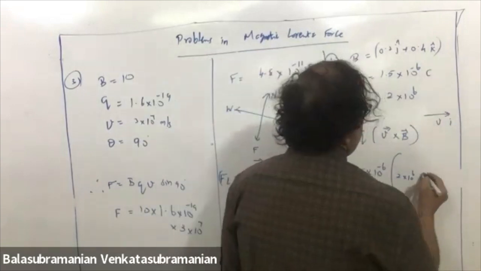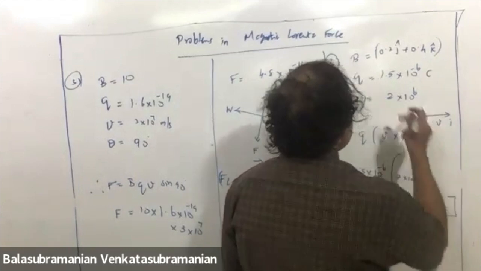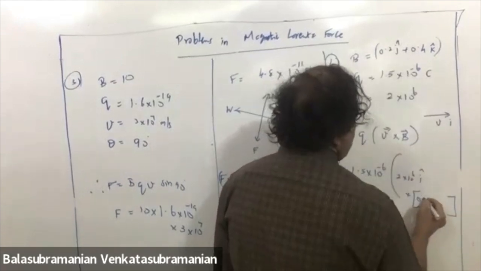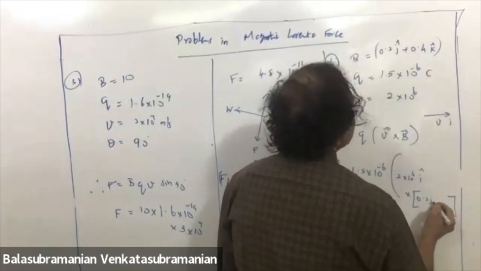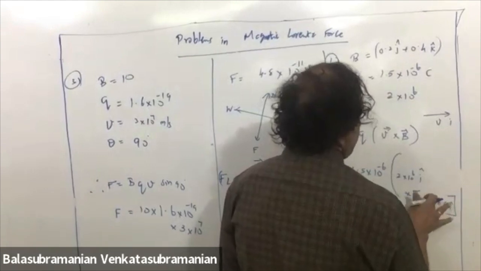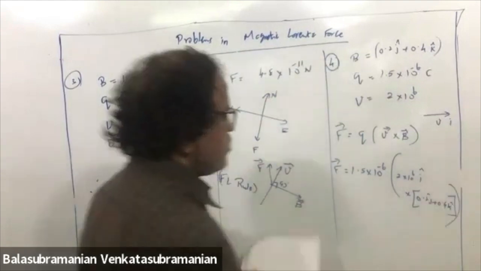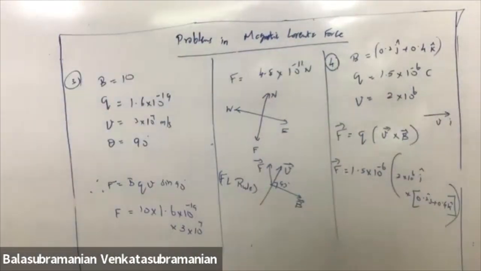I cap cross B, which is 0.2 J plus 0.4 K. Excellent problem this is. It is not the straight one.